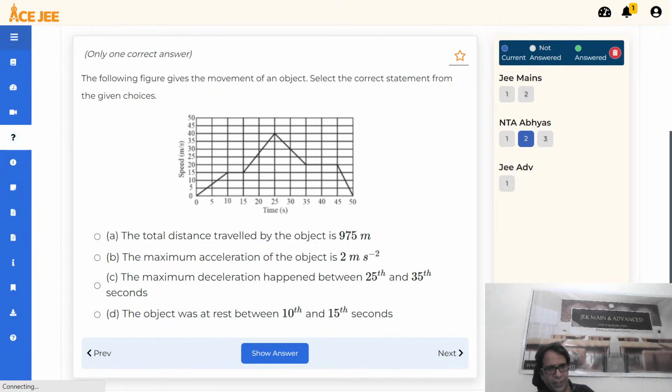Look at the maximum acceleration. Maximum acceleration is either between 0 to 10 seconds or between 15 to 25 seconds. Okay, I see your answer, Bhargav. Which option is the right one? Between the 10th and the 15th seconds, it's constant velocity or constant speed. Yes, that is correct.